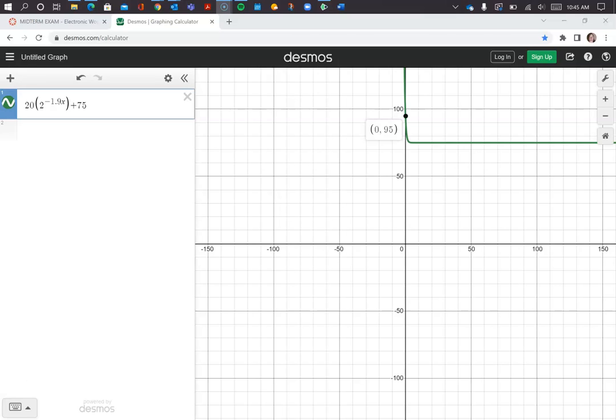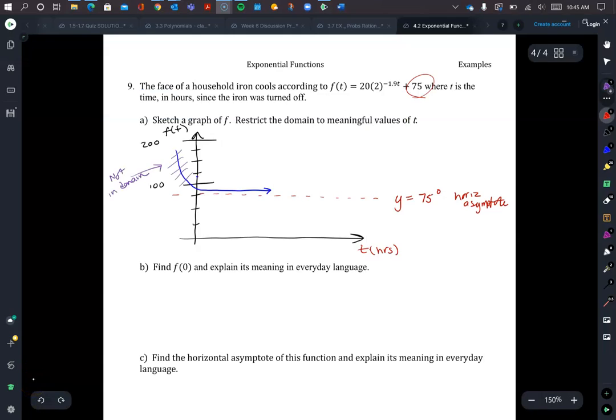So let's go back to the other page, and we can fill in some of our stuff here. So f of 0, I would put 0 in for the values. So I would have 20 times 2 to the negative 1.9 times 0. I mean, you can just do that in your head. That would be 1. You wouldn't necessarily have to write that out.